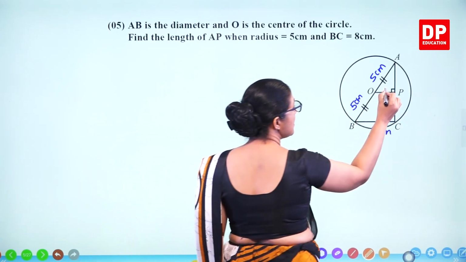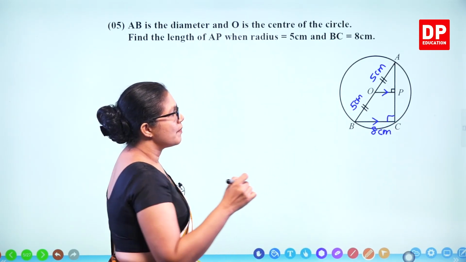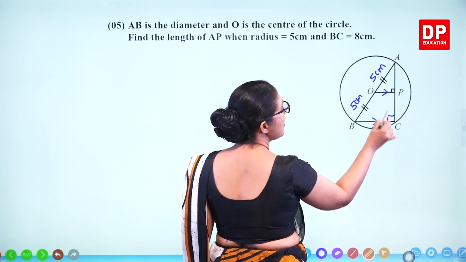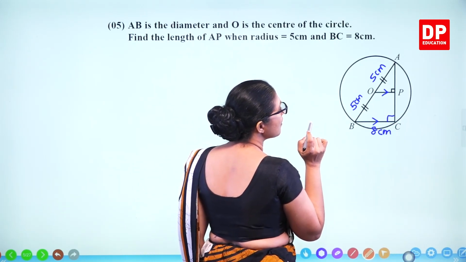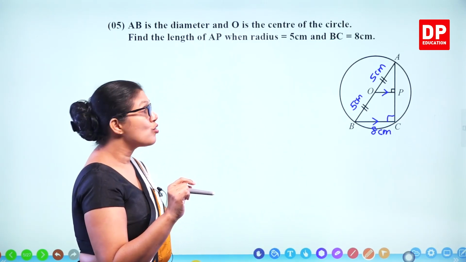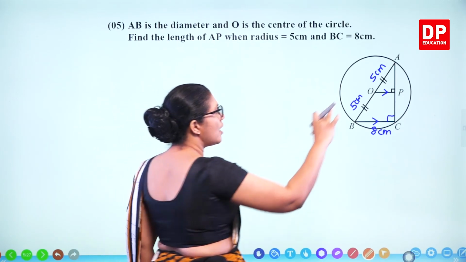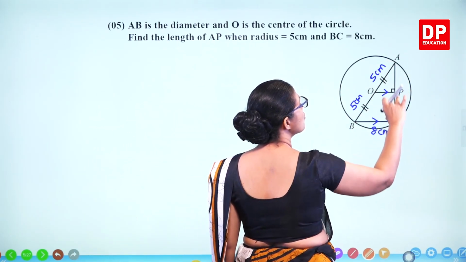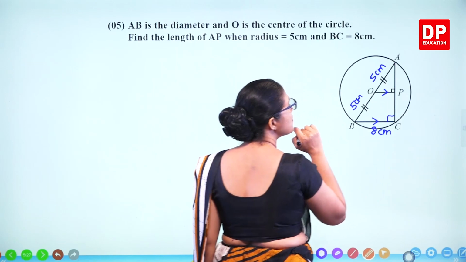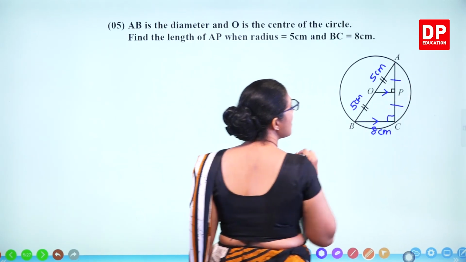So we can see this line is parallel to this one because corresponding angles are equal. Now these two are parallel, and according to the converse of the midpoint theorem, P becomes the midpoint of this one. So these lengths are equal.